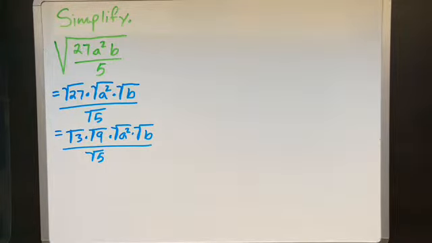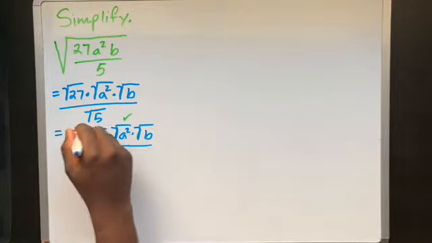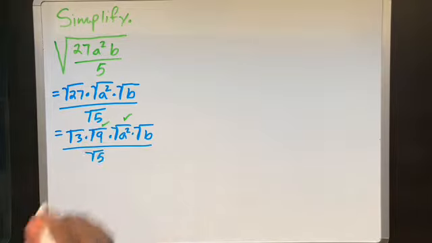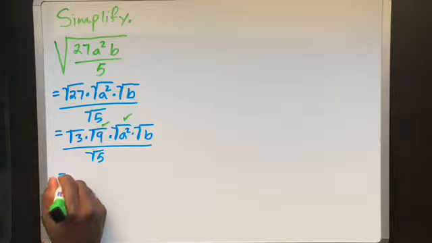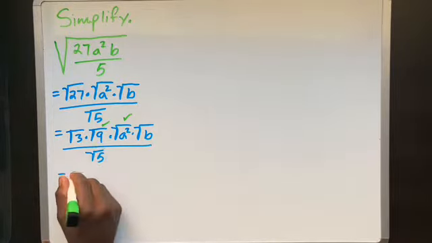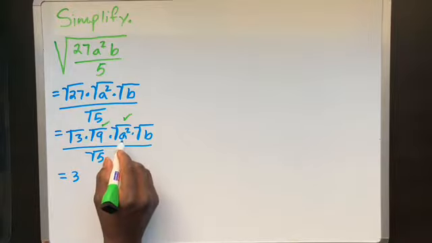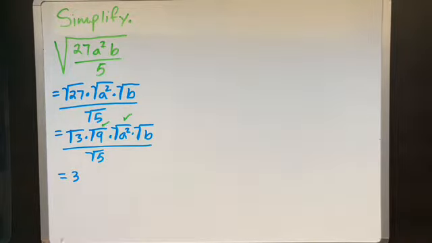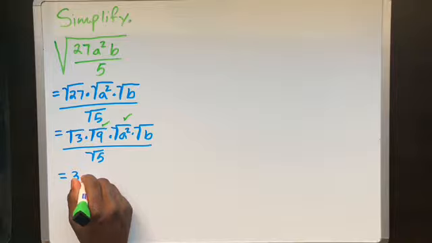All right, so I see that I have a perfect square here and a perfect square here. Square root of 9 and square root of a squared. So let's go ahead as our next step and simplify that. So the square root of 9 is 3, so I'm going to write 3 first. The square root of a squared is a, so I'm going to write a.